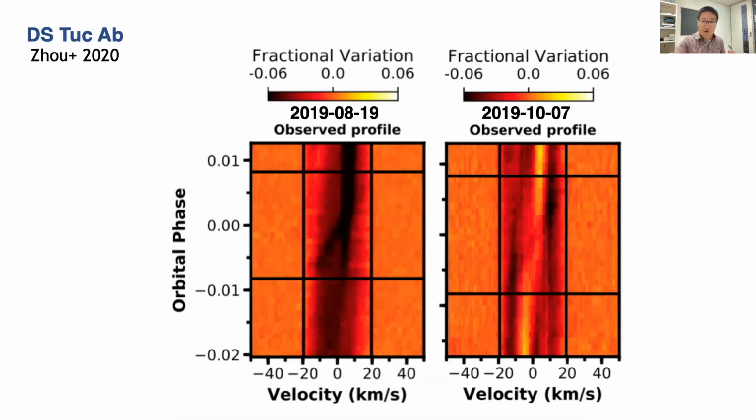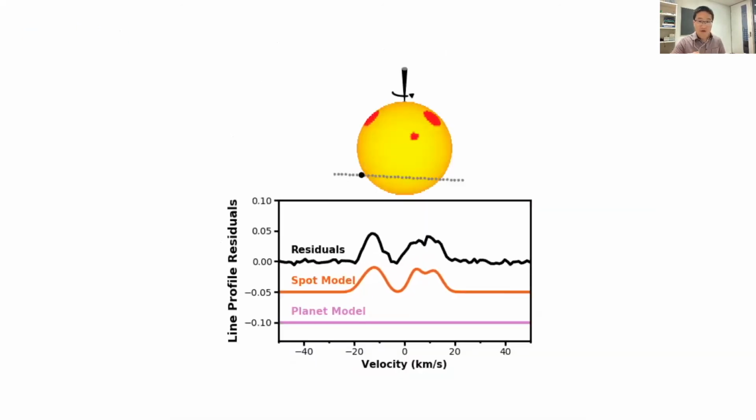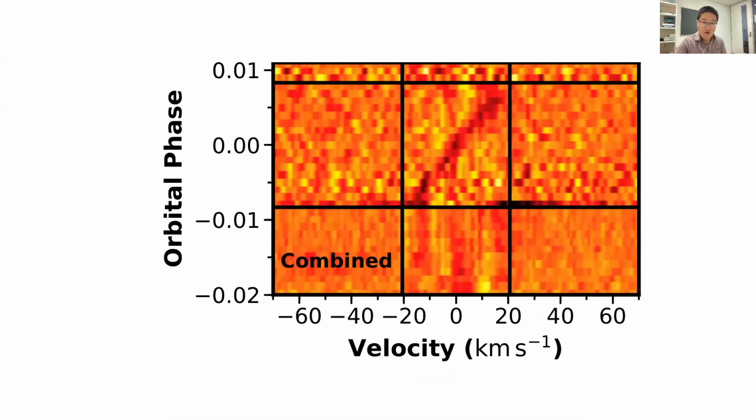But you can, from the line profile, model both the shadow of the planet and the spot simultaneously. And when you subtract away the spot signal, you get back this crisp line profile variation caused by the transiting planet. And this type of detection is unambiguous. And when we do the spot modeling, they can reveal exactly what the spin orbit angle of the planet is.